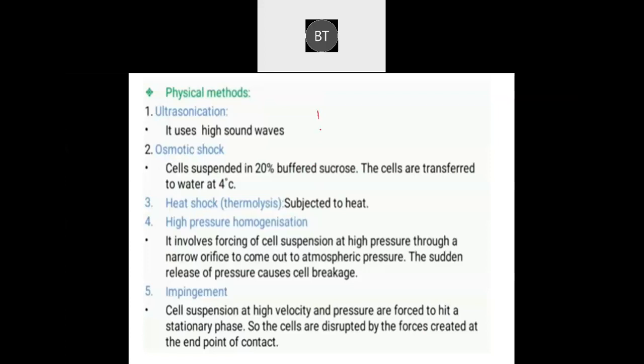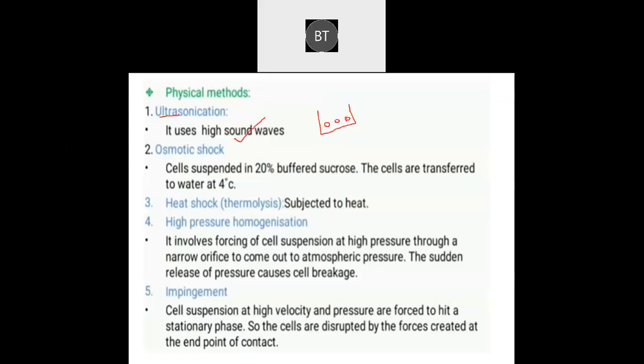Here what we use is sound waves. So we are going to use sound waves to break the cell walls of the plant or the animal cells.